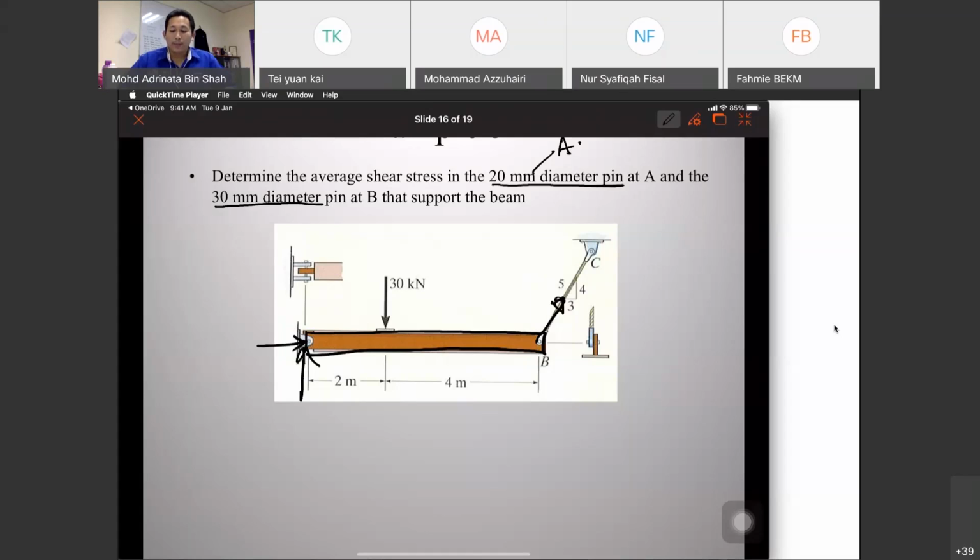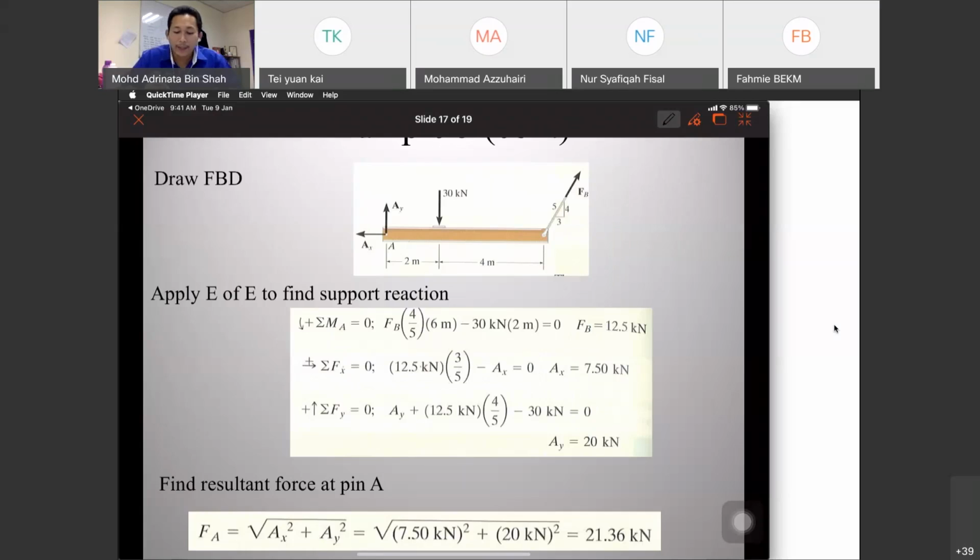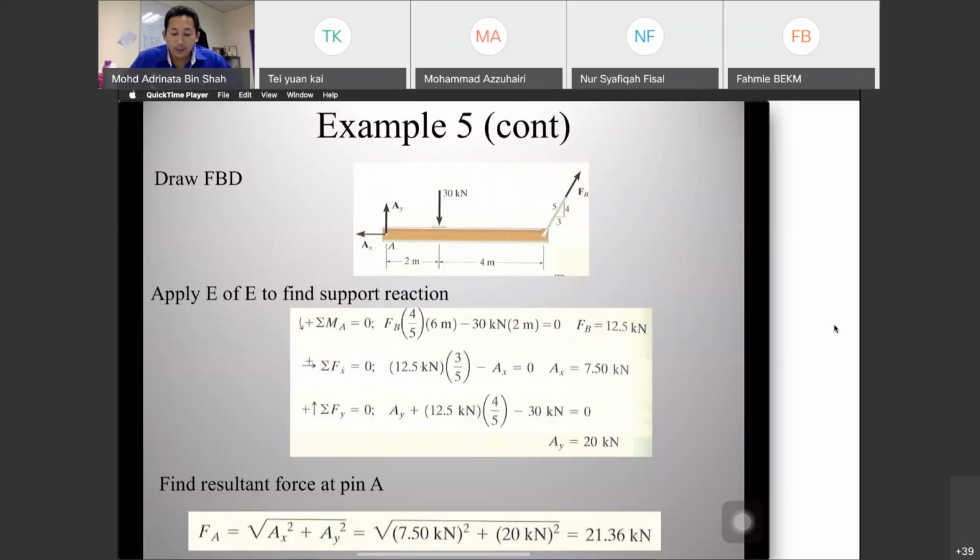Once we get F, then we can calculate the intensity at the rod and pin. So once we know the intensity of force, then we can calculate what happens at the pin. Free body diagram, so we have AX and AY. Then the static equations of equilibrium, so we can calculate our FB, our AX, and our AY.